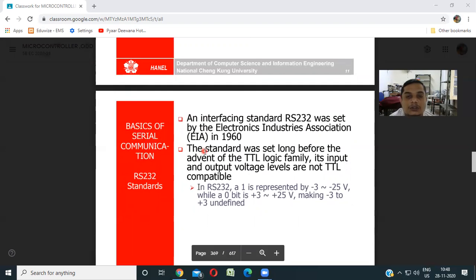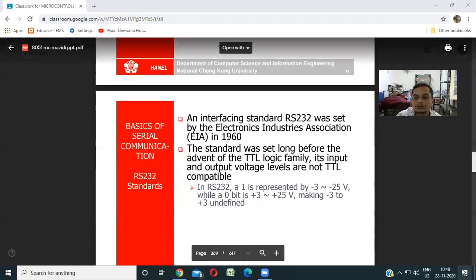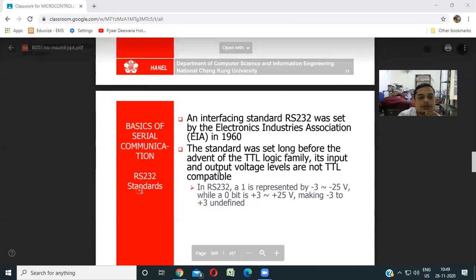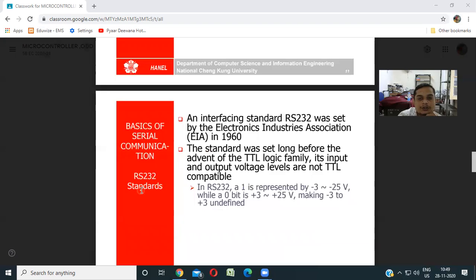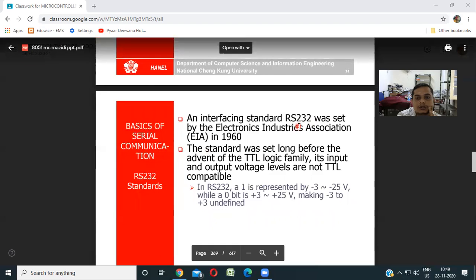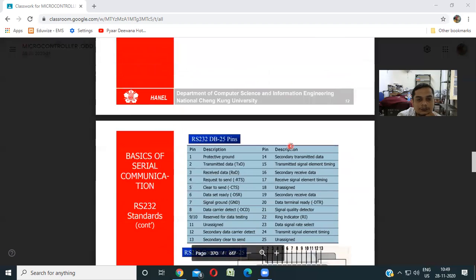Okay, now let us discuss one of the dedicated ICs to implement serial communication, that is called RS232. Here in the RS232 standard, we have a dedicated IC, as you can see.